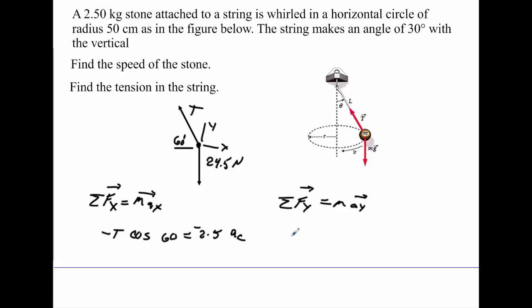Alright, and then obviously when we set up our forces in the y direction, we also set that equal to mass times acceleration in the y direction. I know my acceleration in the y direction is equal to 0 because the object's not going up or down.